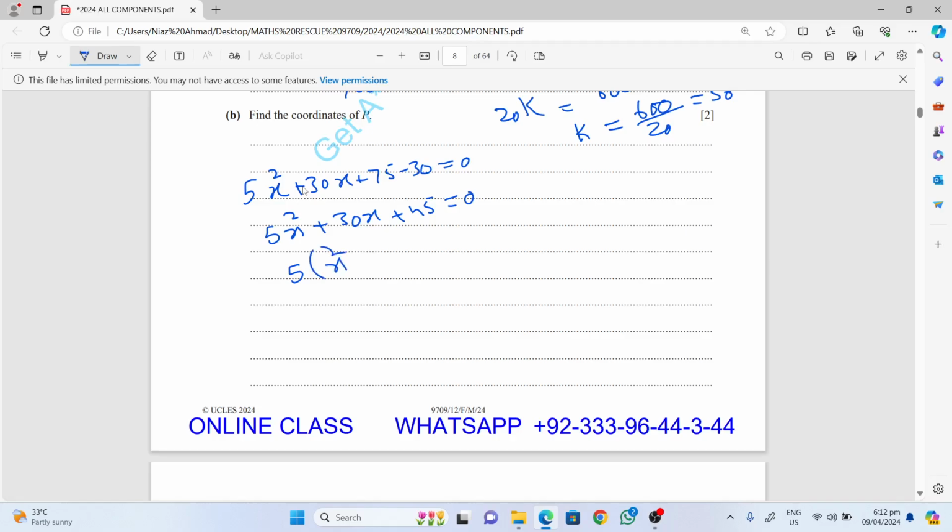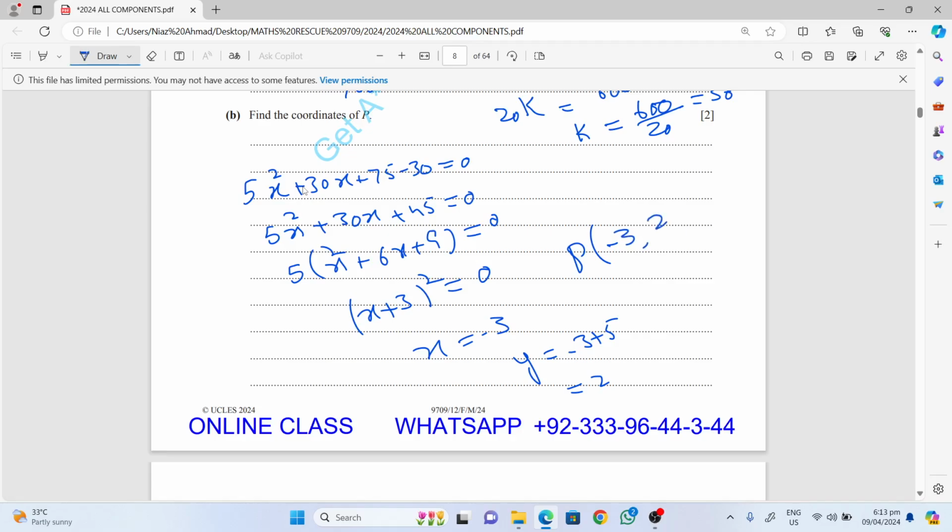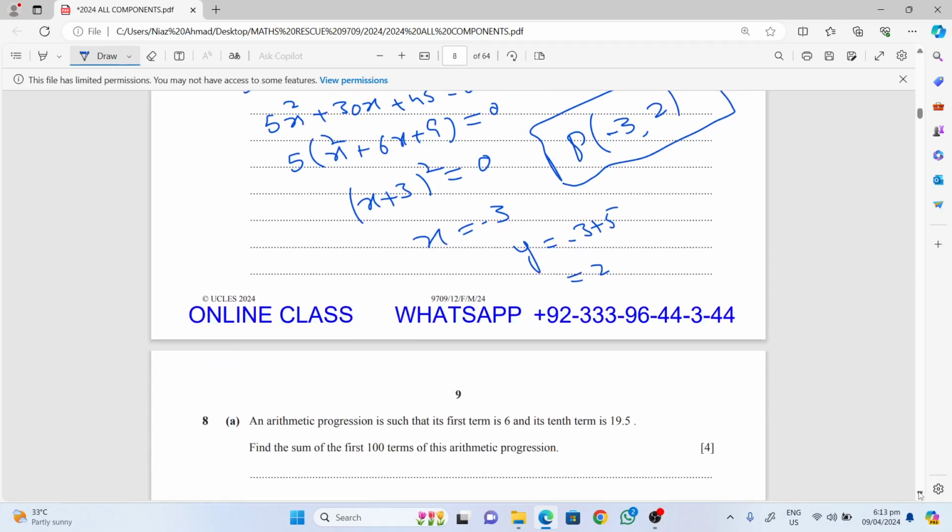Take 5 common: x squared plus 6x plus 9 equals 0. The 5 becomes 0. So it is actually (x plus 3) whole squared equals 0. So x is minus 3 and y is x plus 5, so that is minus 3 plus 5. So y is 2. So the coordinates for P are (minus 3, 2).